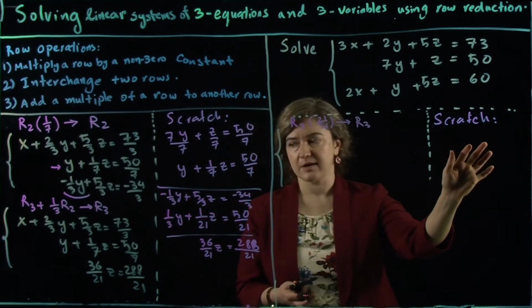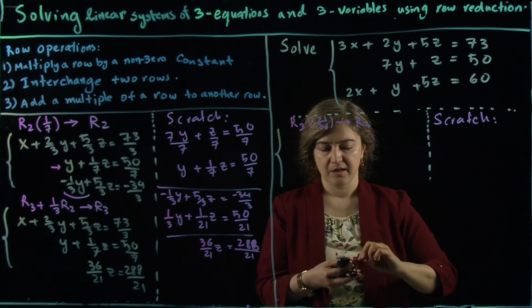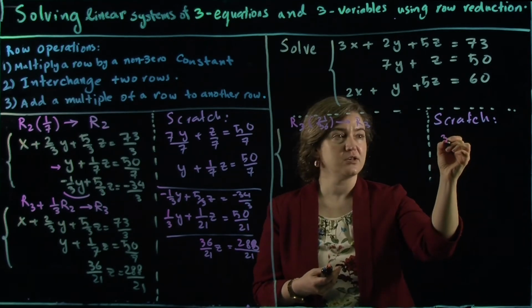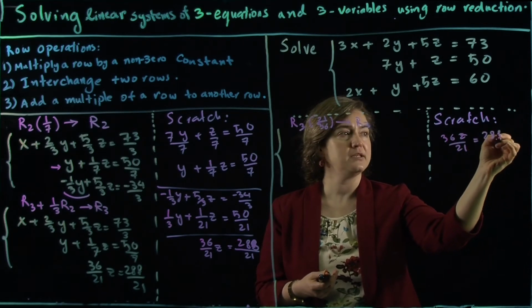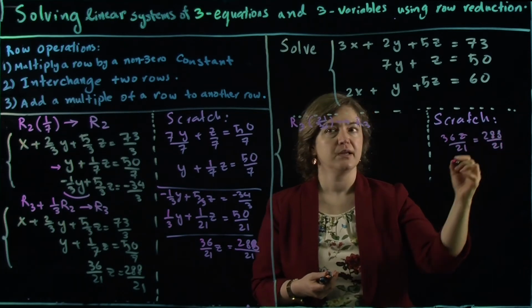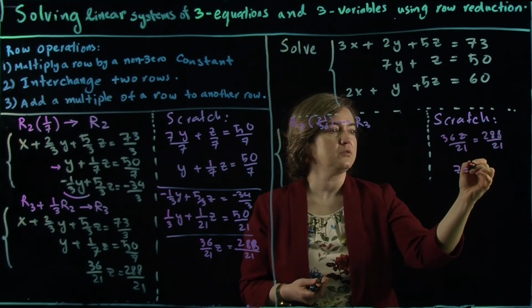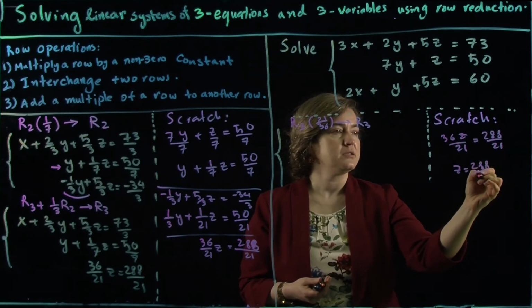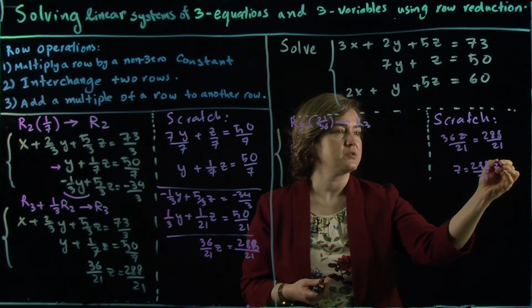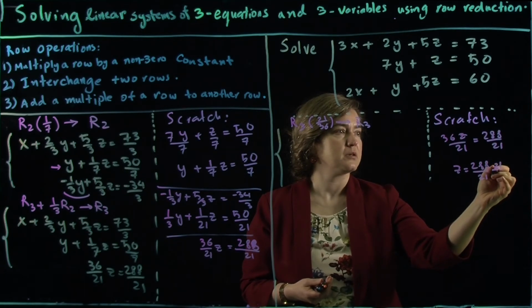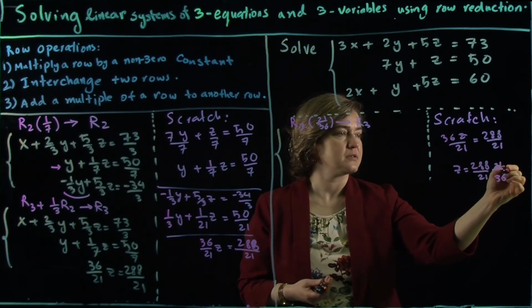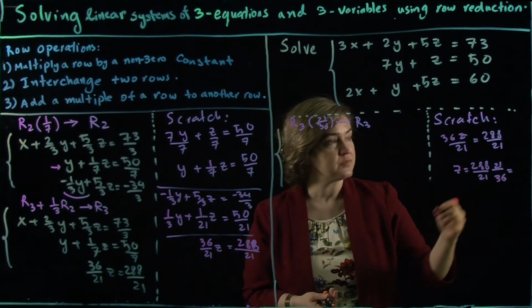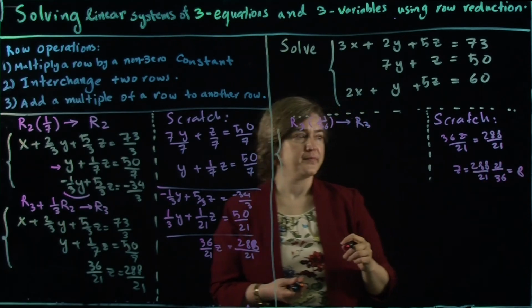So on a piece of scratch paper, what we write is 36z over 21 equal to 288 over 21, and so z is equal to 288 divided by 21, times 21 divided by 36, which would simplify to 8.